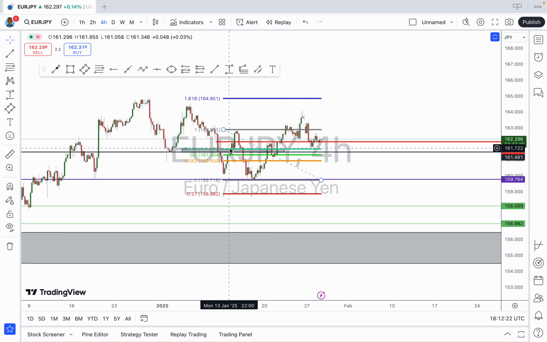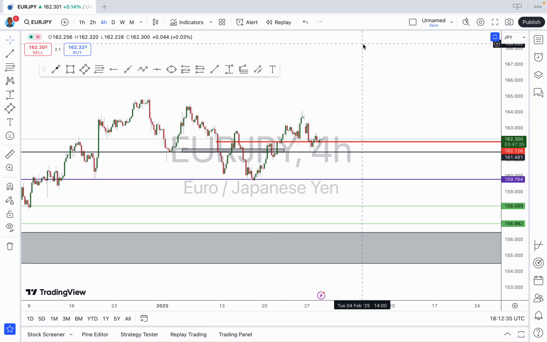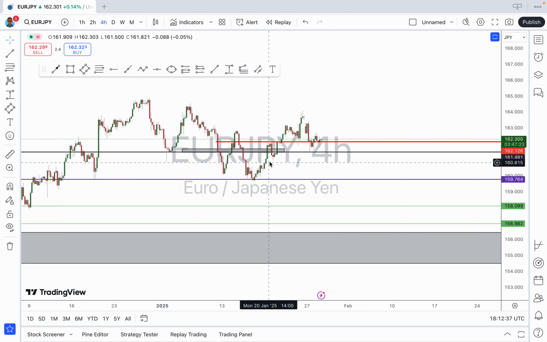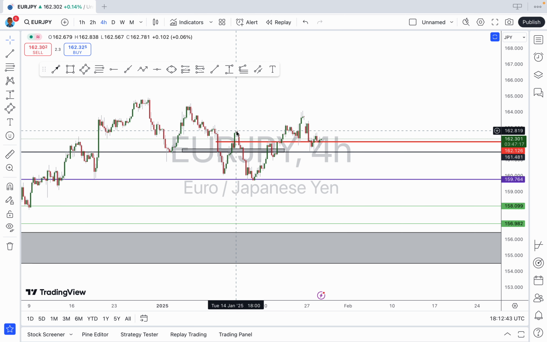So what then happened was, when we started to get here, I think it was last week Monday that happened. My SL was above here, above swing high, above this high here.